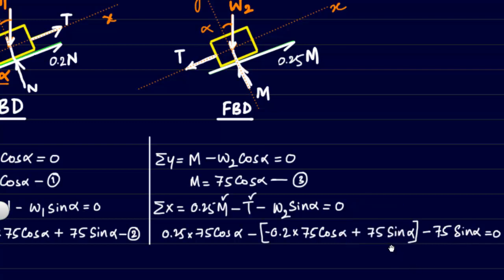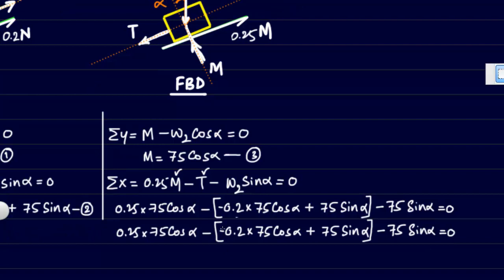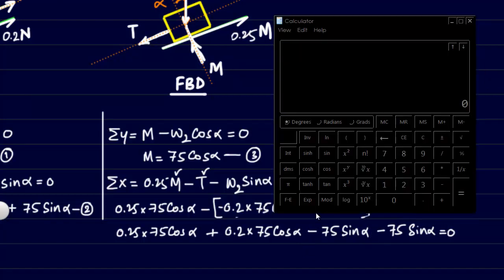This total has to be equal to 0. Now you can see in this equation alpha is the only variable. So let us do one thing. Let us take cos terms on one side and sine terms on the other side. First let me open this bracket. So minus into minus becomes plus, and here plus into minus becomes minus. This bracket of course will also.